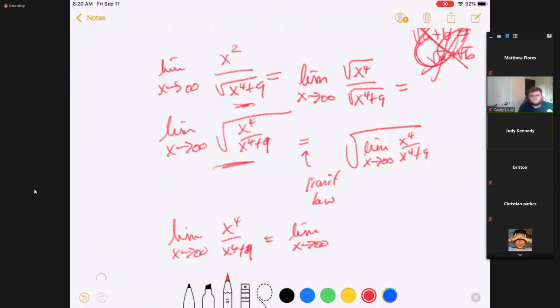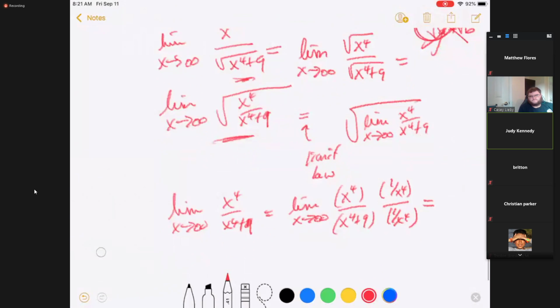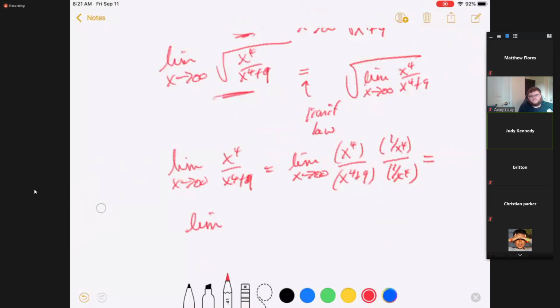And well, it's x to the 4th and x to the 4th. So I'm going to multiply top and bottom by 1 over x to the 4th. And that's equal to the limit as x approaches infinity of 1 over 1 plus 9 over x to the fourth.